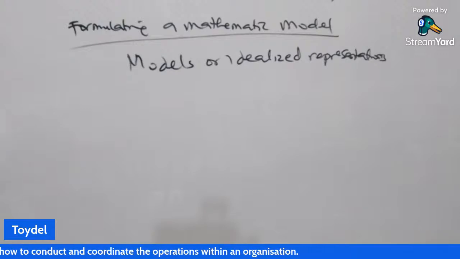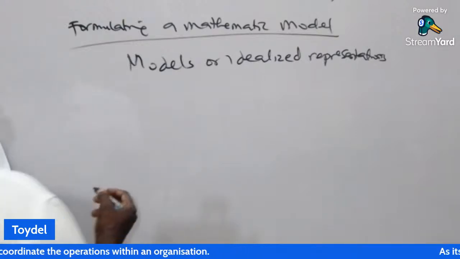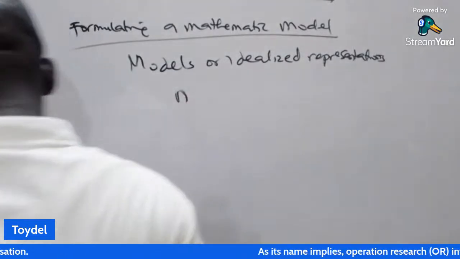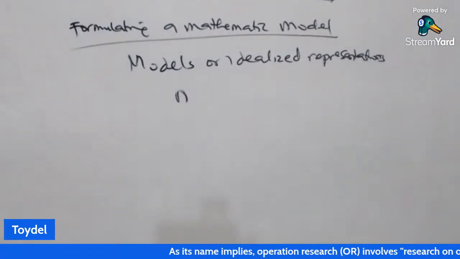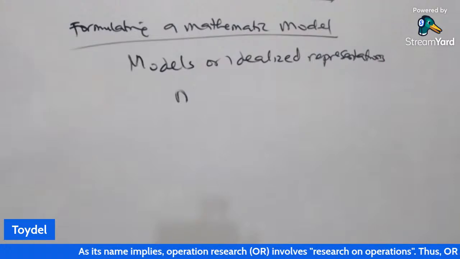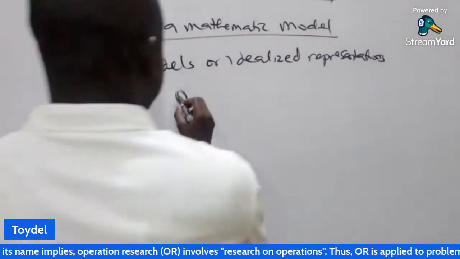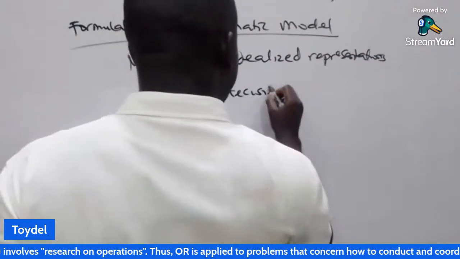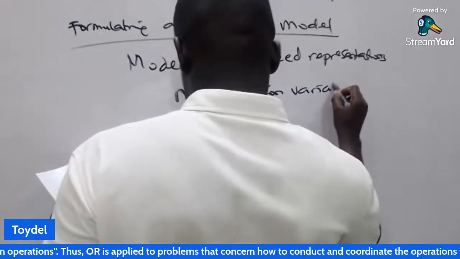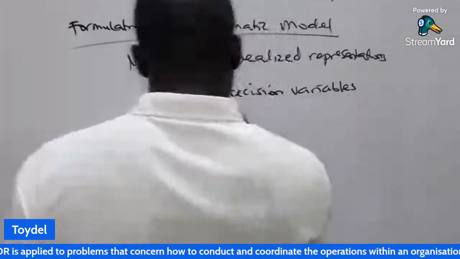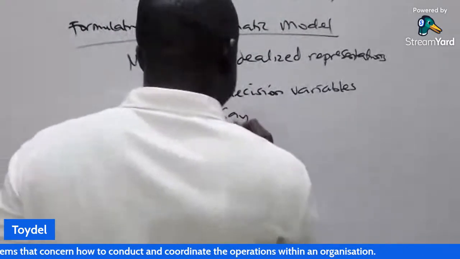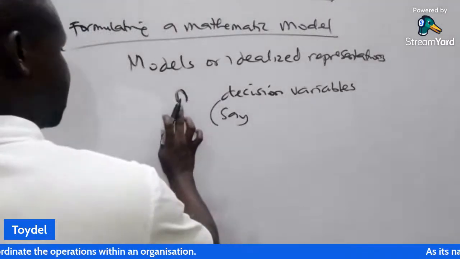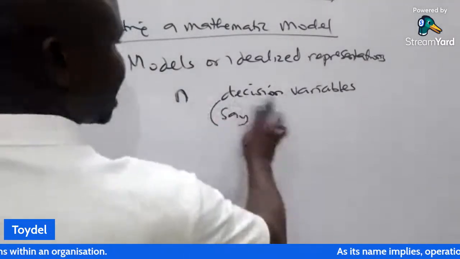Thus, if you have n related quantifiable decisions to be made, they are represented as decision variables. That is, if we have n related quantifiable decisions, these decisions will be represented as decision variables.